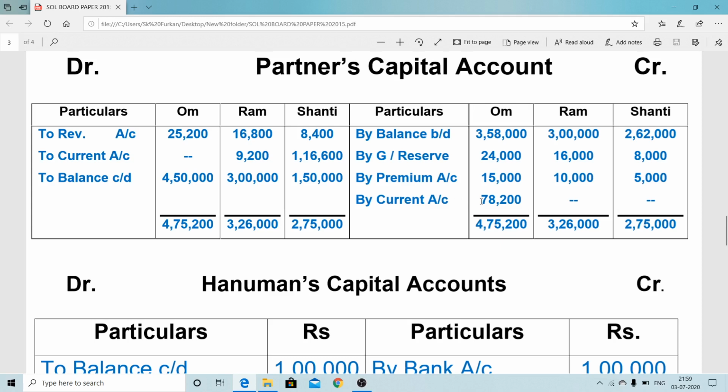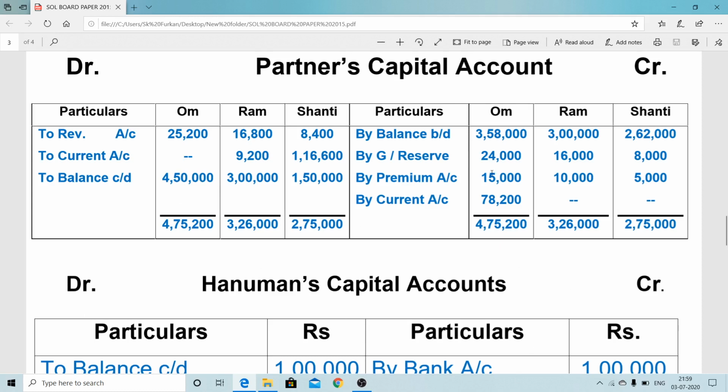Ultimately it is one type of loan taken by him from the firm. He can bring the cash and that time the problem will be solved, but here sufficient cash may not be with him, so he wants to transfer as per their agreement. Every partner wants to transfer to their respective current account. So the capital is quite high, 4,50,000, but ultimately 4,50,000 is not coming here.